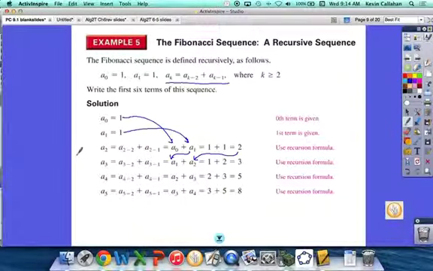Now the second term we already put in there goes here, and the A3 goes right there. So that's kind of a famous example of a recursive formula, Fibonacci.